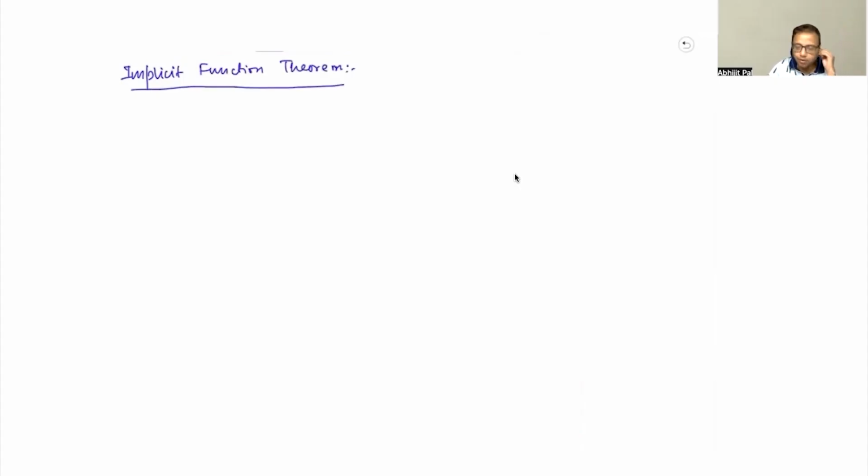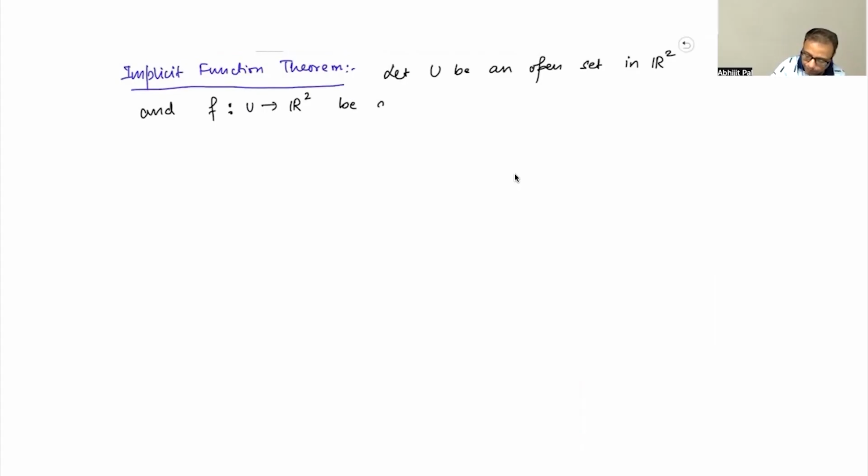Let U be an open set in R^2 and F be a smooth function defined on U.